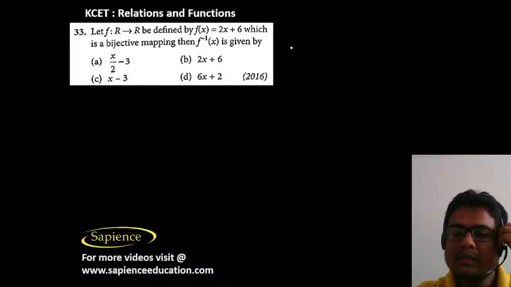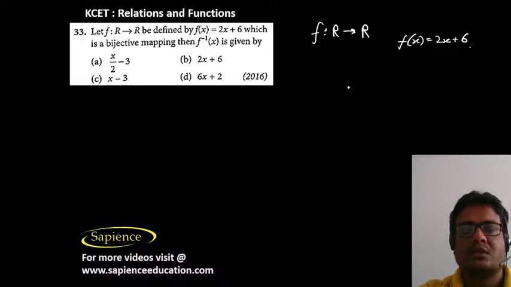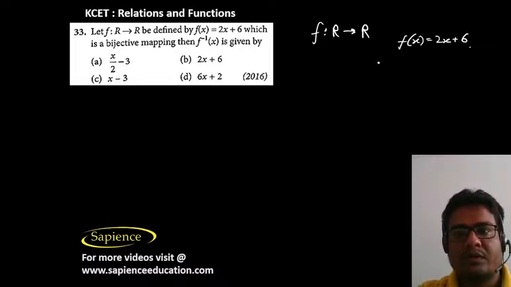Then let f be a function which maps from the set R to R. R is the set of all real numbers, and the function f of x is defined as 2x plus 6, which is a bijective mapping. Then f inverse x is given by, so if I say f of x1 equal to f of x2, then we will get x1 equal to x2.